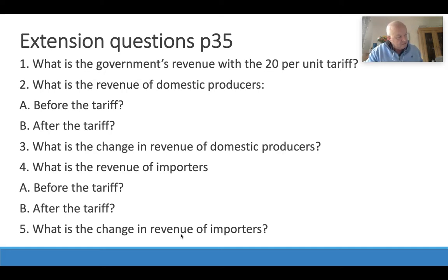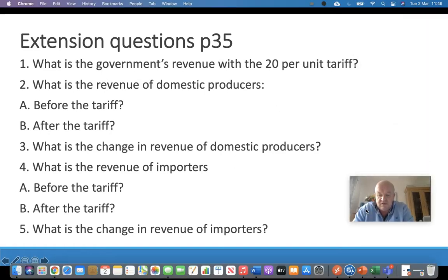So in this instance, we're going to start to take a look at the next question, where we have some extension activities. Okay, so what would the government's revenue be with the 20p per unit tariff? How much revenue would they generate as a result of that?